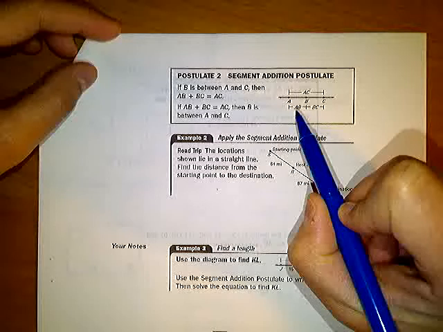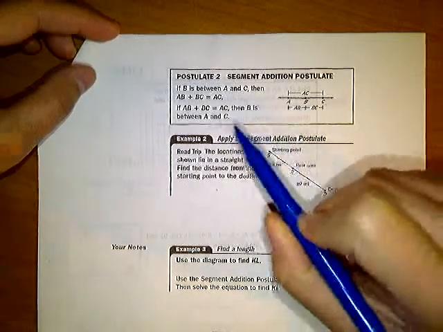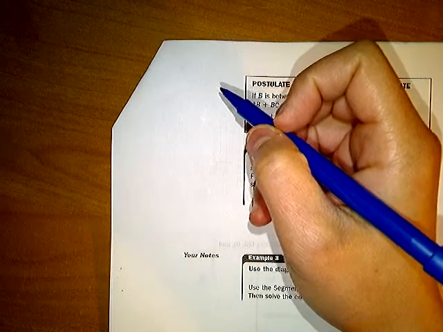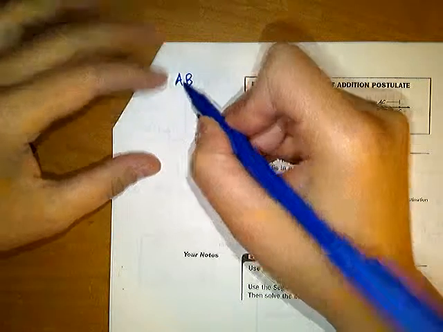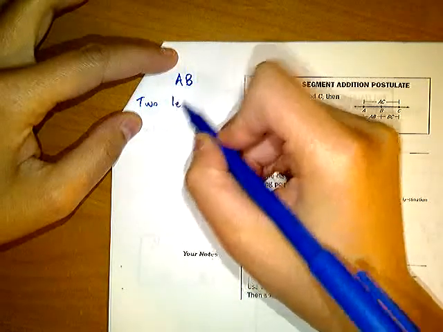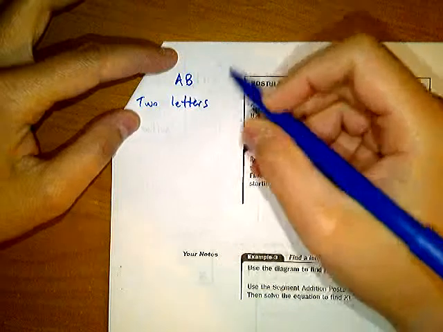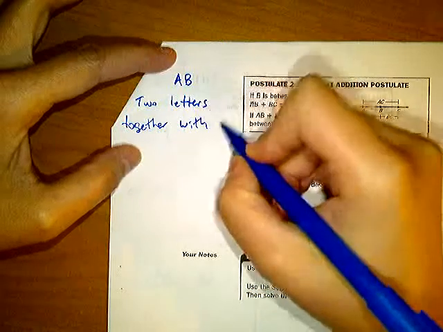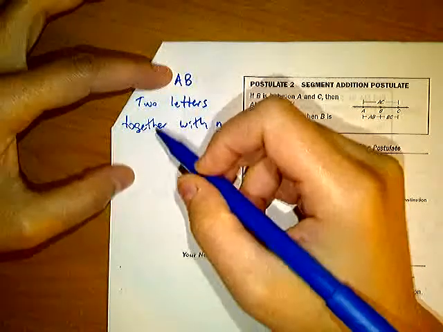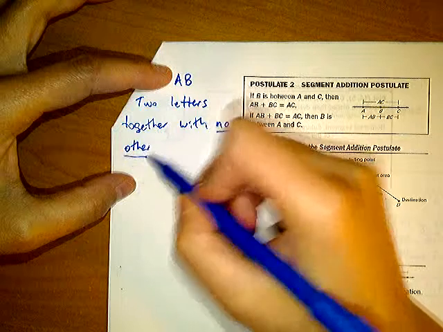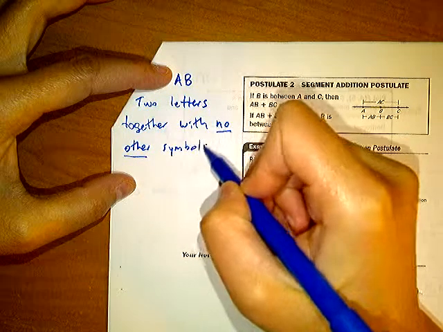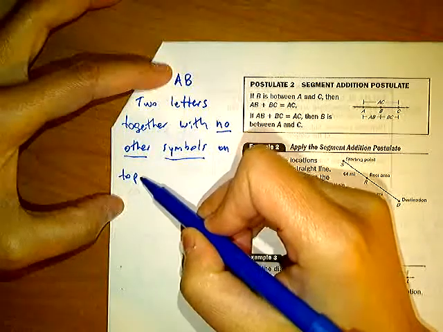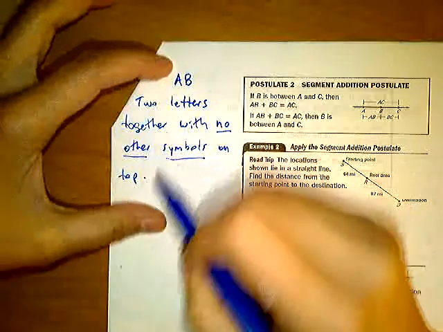It was just AB to represent the distance from A to B. It's really important that you know that when you're writing down simply two letters together like AB, with no other symbols on top, that is an indication of length.